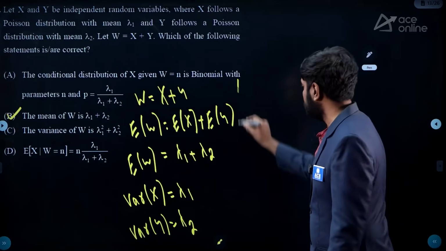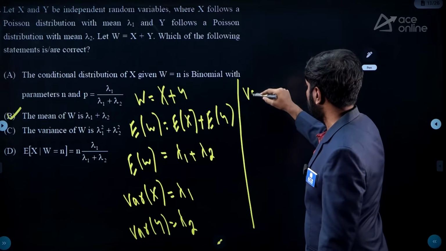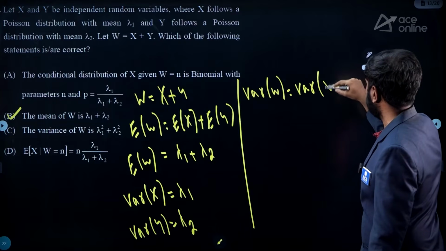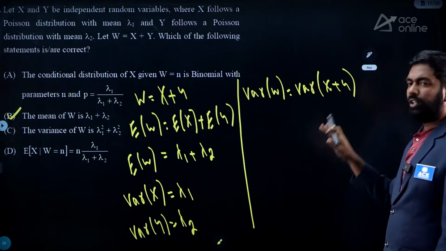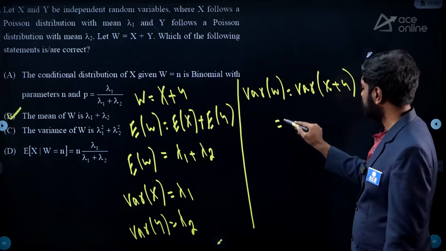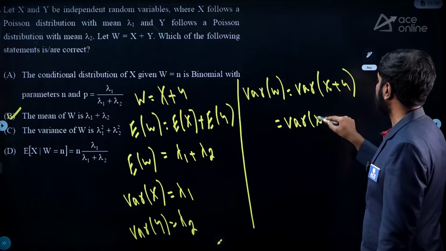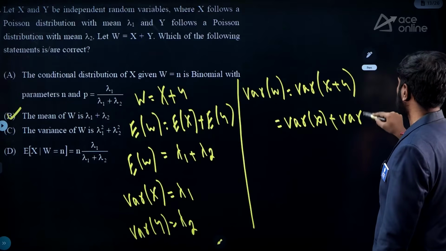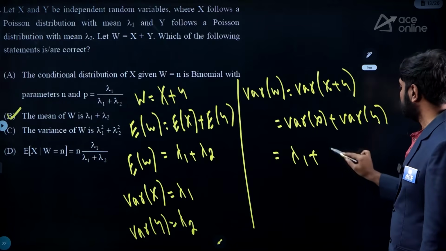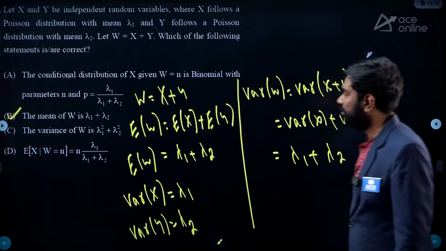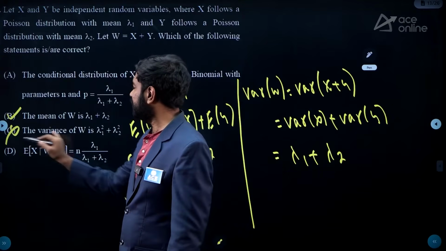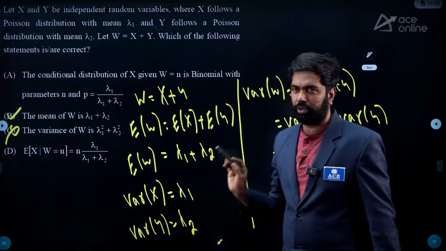I am now interested in the variance of w, which is the variance of x plus y. When x and y are independent, the variance of x plus y is simply the variance of x plus the variance of y. So the variance of w is lambda 1 plus lambda 2, and he says it is lambda 1 square plus lambda 2 square, which is wrong.